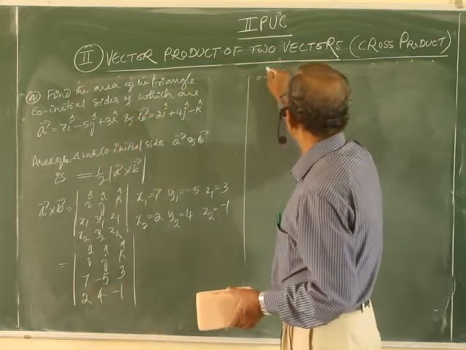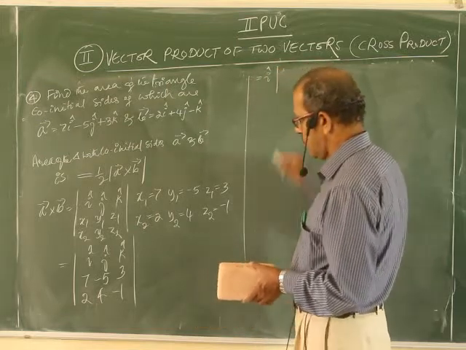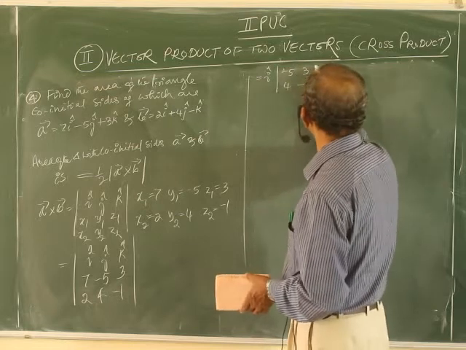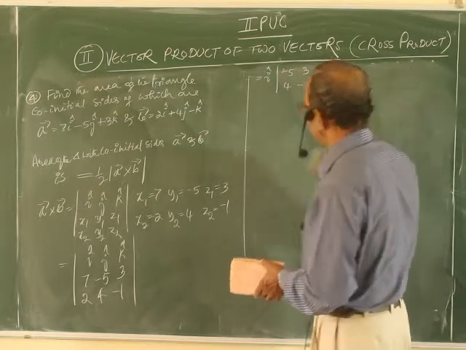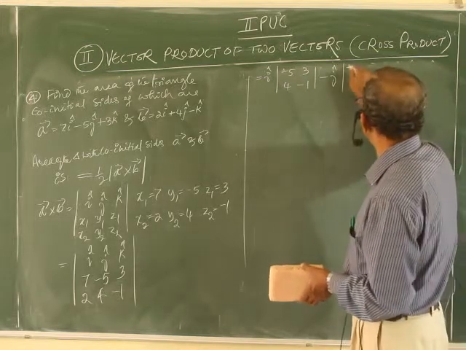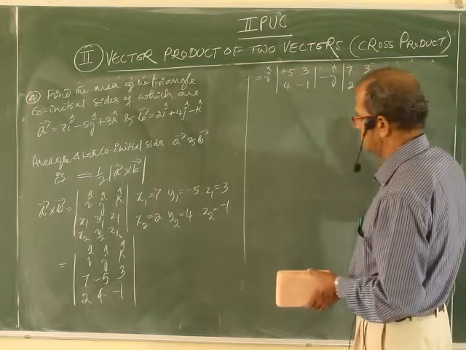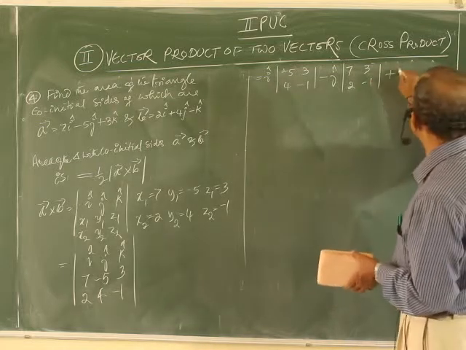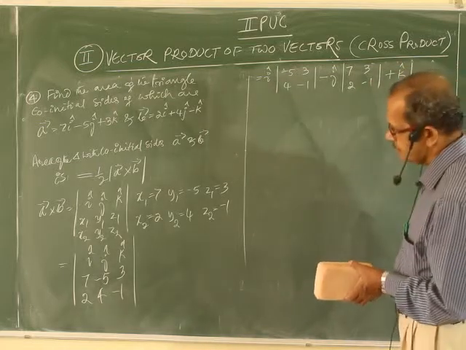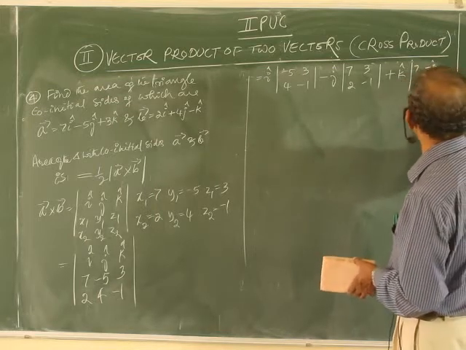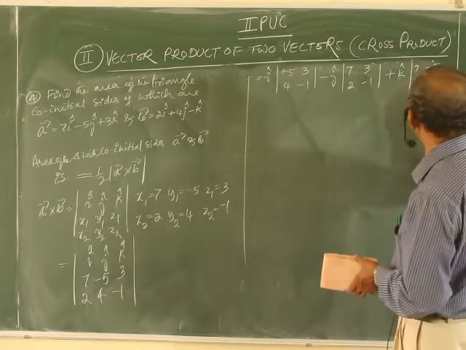Equal to I into (minus 5 3, 4 minus 1) minus j into (7 3, 2 minus 1) plus k into (7 minus 5, 2 4).